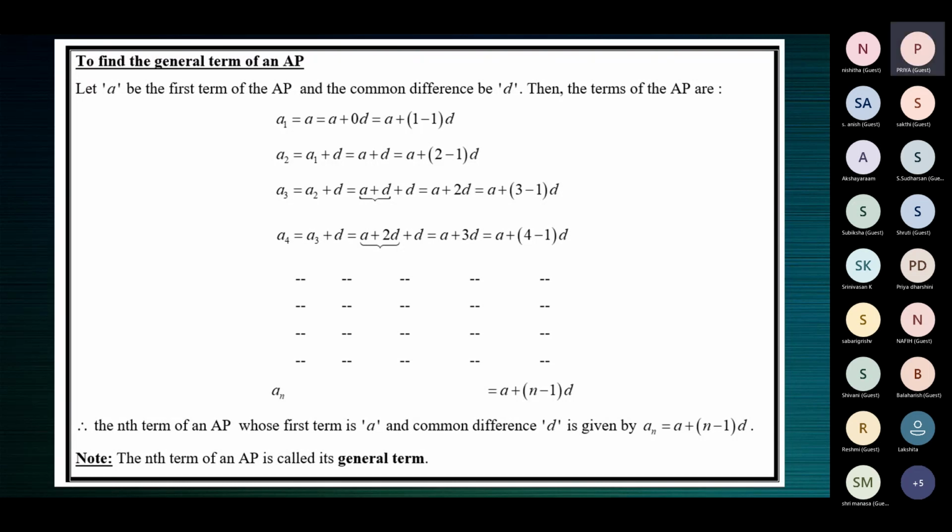Ma'am, once again recall it, ma'am. We'll recall, but have we discussed it once? Have we understood this derivation? Have I explained this derivation? Yes, ma'am. Okay, why is it not clear?